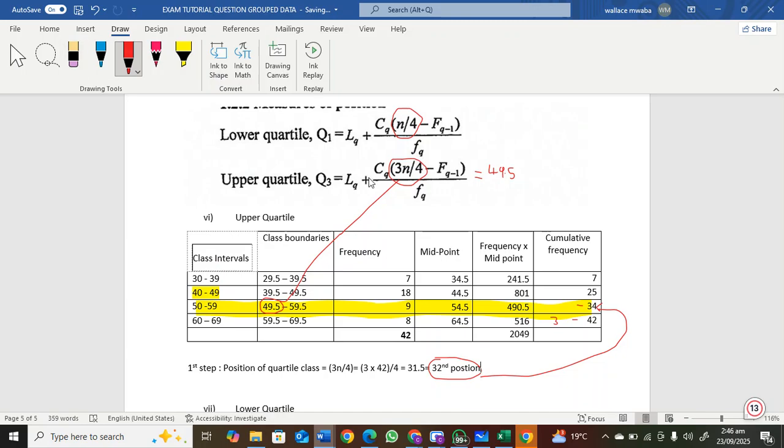Oops, made a mistake here in this drawing. Yes, our lower quartile.